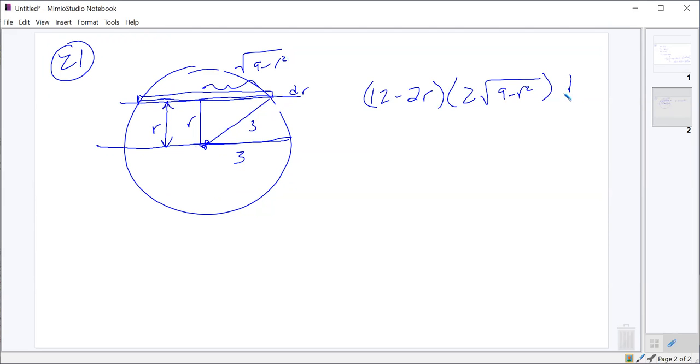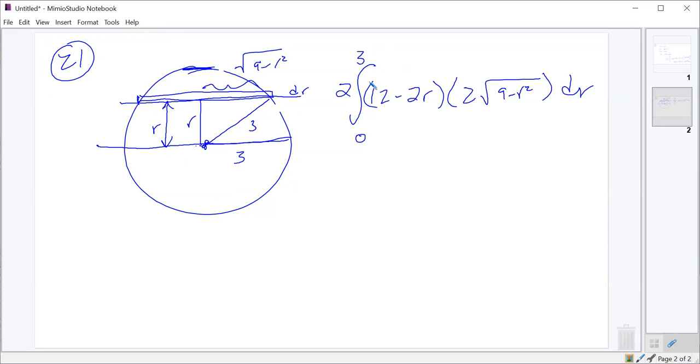And so this ought to represent the number of people in this tiny little thin strip of land that is r miles away from the highway: the density times the length of the strip times the thickness of the strip. And if we just integrate that from 0 to 3, that ought to tell us what half of the city's population is. And if we multiply it by 2, that ought to give us the total population of the city.